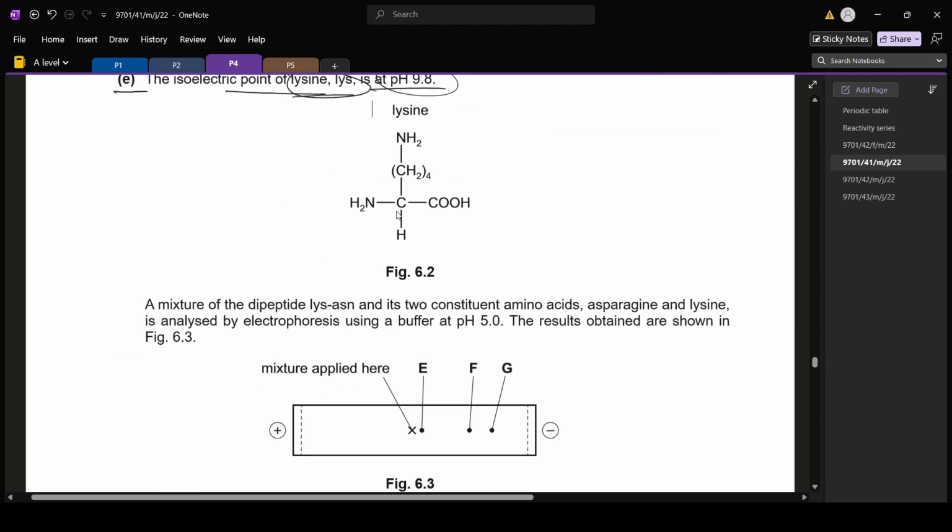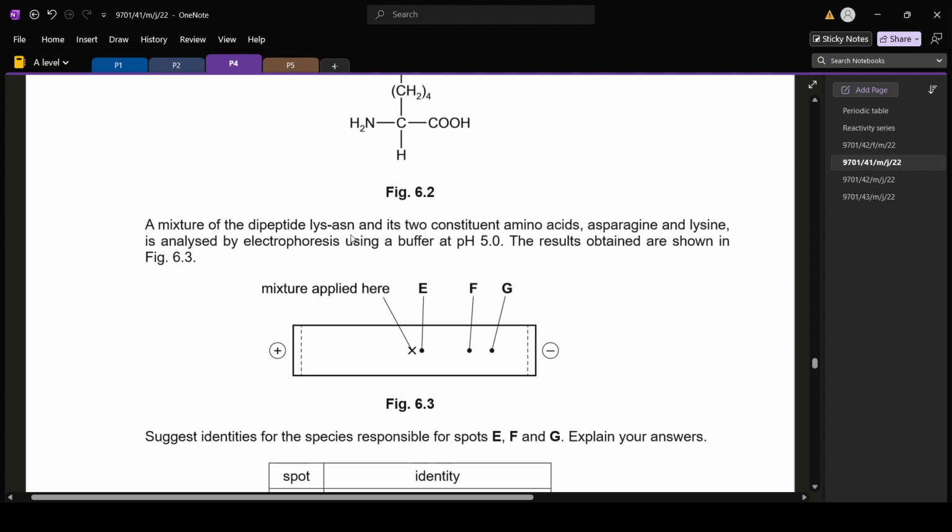Okay, and the structure of lysine is given to you. A mixture of dipeptides, lysaspergine, and two of its constituent amino acids, aspergine and lysine, is analyzed by electrophoresis. Okay, using a buffer solution at a pH of 5.